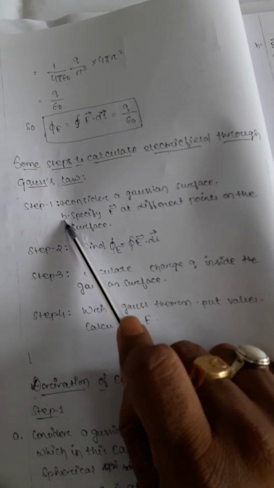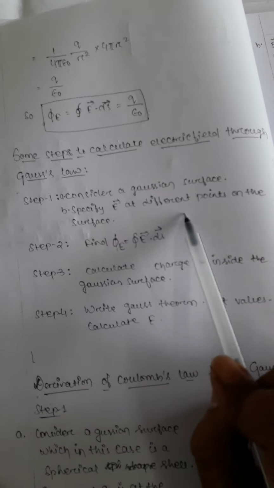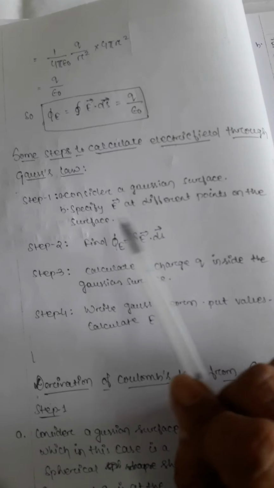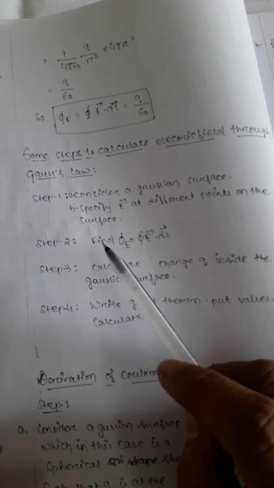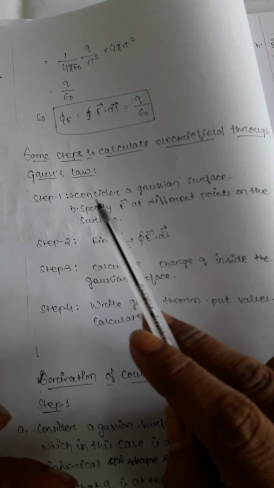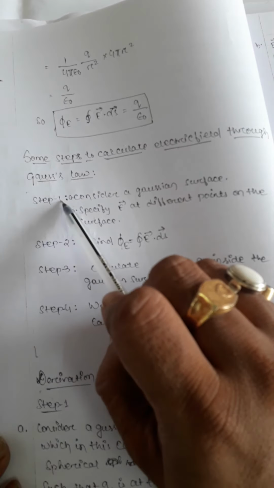And step 1b is to specify the electric field at different points on the surface, and specify the angle theta between the electric field and the area vector. We have to specify it in step 1.